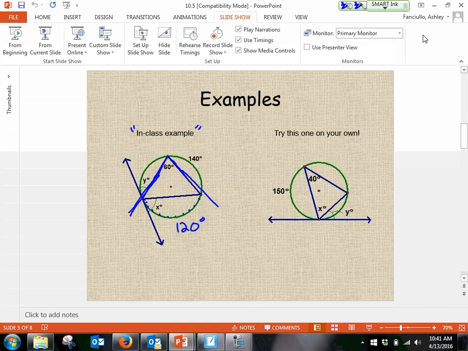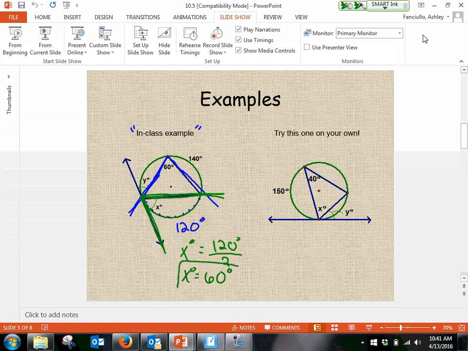That doesn't necessarily help us find Y, but it should show you what X is. If I trace X here in green, you should see that its arc is the same as that 60 degree. If that arc I dotted in blue is 120, you're going to cut that in half to get X. So X should be 60 degrees.